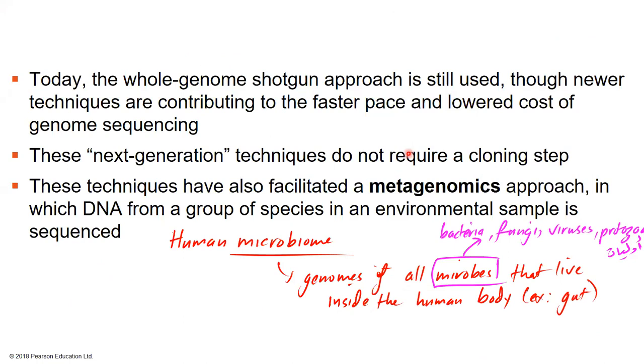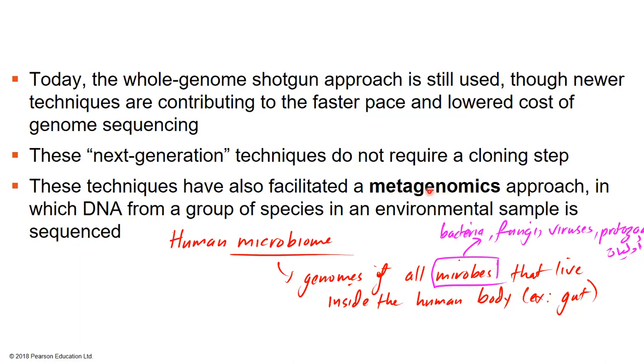So following the Human Genome Project, many sciences or disciplines were developed. One of these is metagenomics. So the development of new sequencing techniques allowed the development of a new discipline called metagenomics.